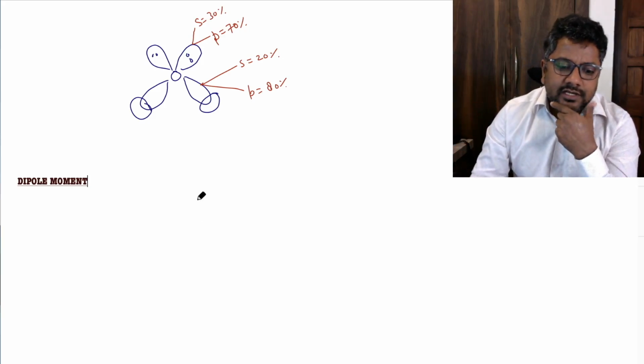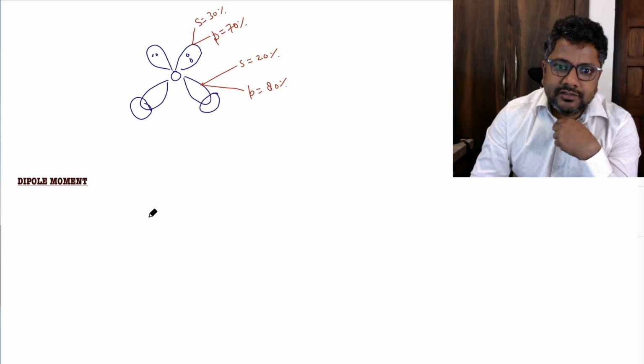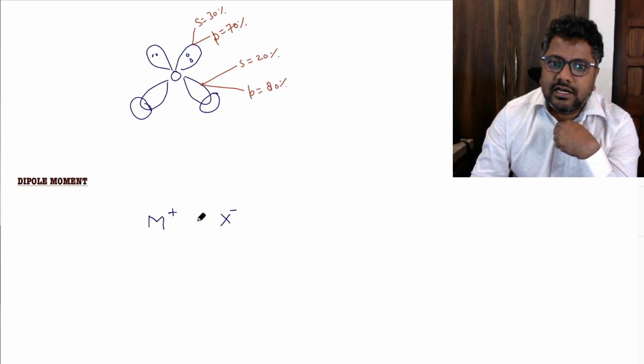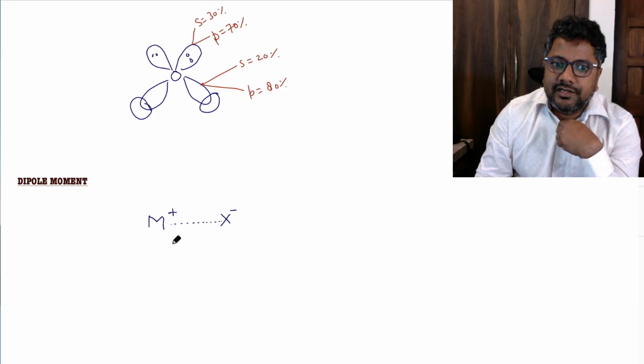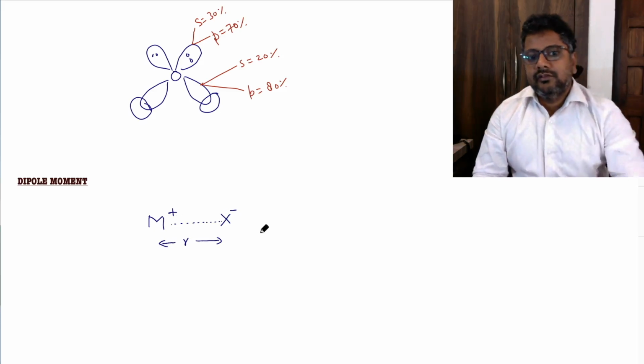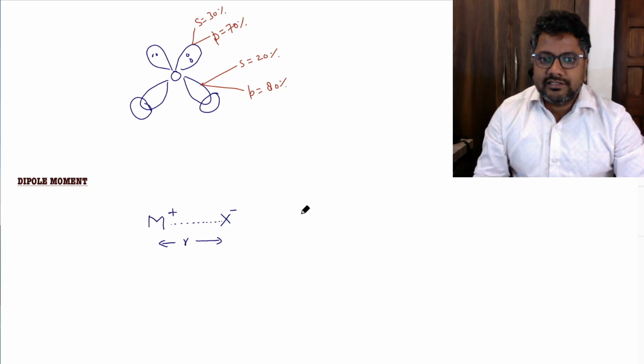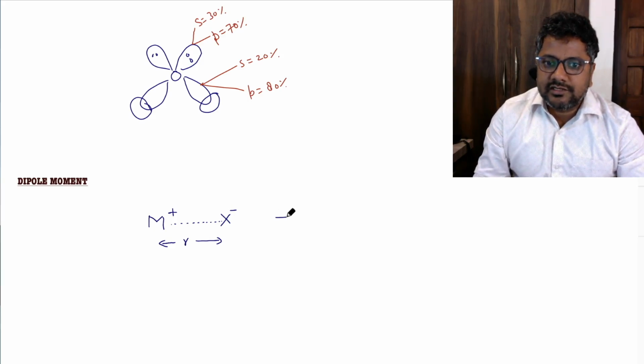One is compounds of M plus and X minus, which are called ionic compounds, and they have some distance between them, which you can say is R in the lattice.